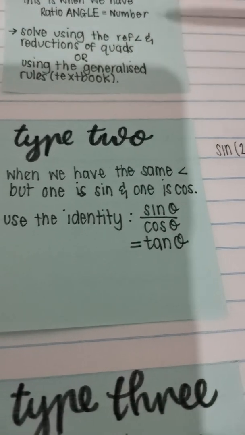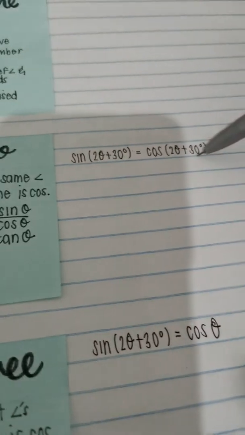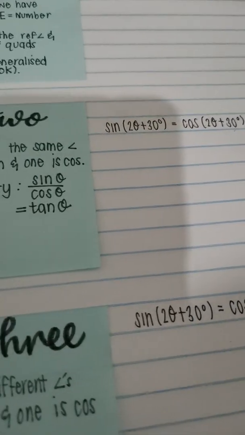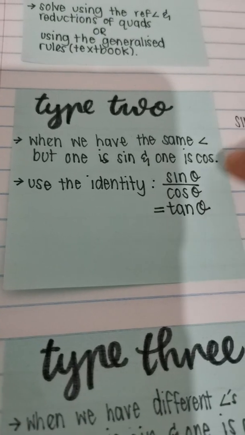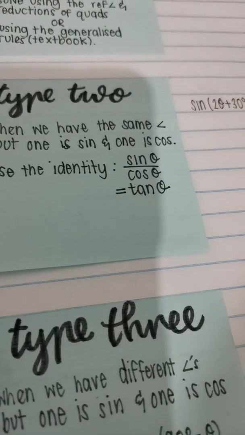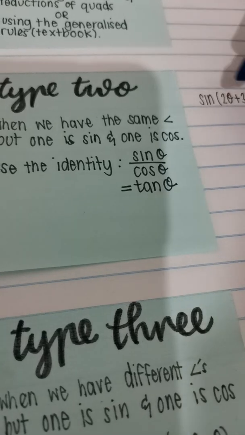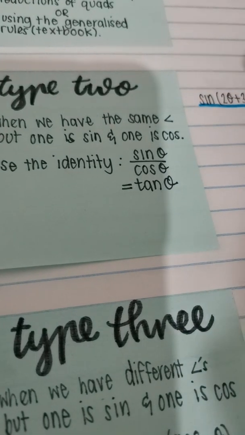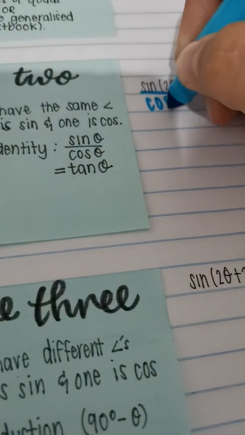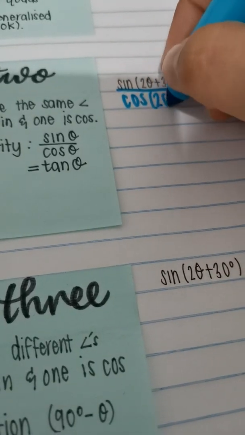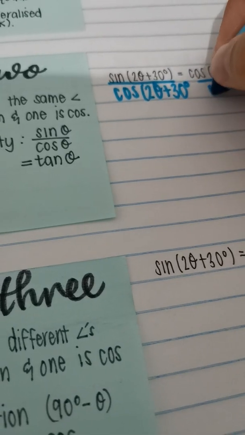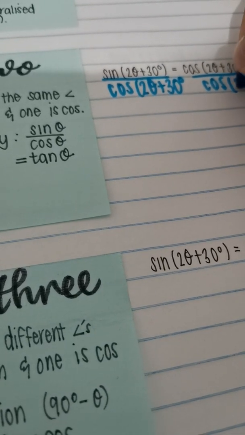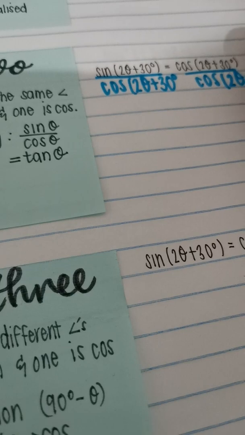Anyway, type 2 is when we have sine and cos of the exact same angle. What you then do in this one is use this identity: sine of something over cos of the exact same something gives us tan of that something. So I'm going to divide here by cos 2 theta plus 30 degrees, and on the side here, cos 2 theta plus 30 degrees.